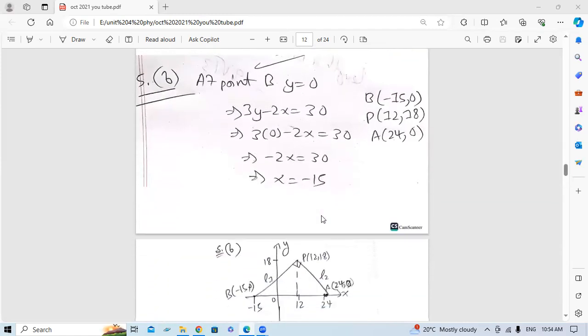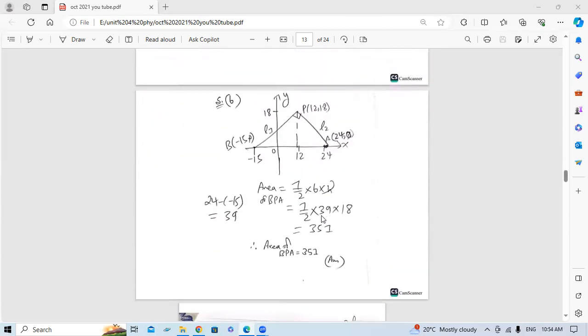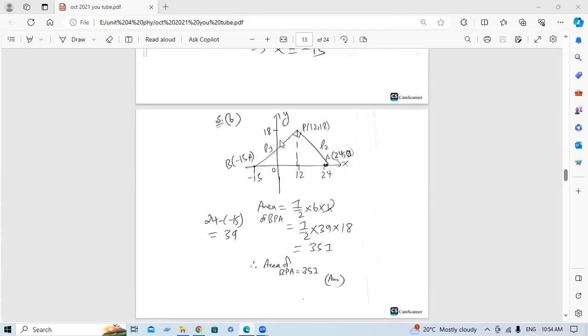So we just need to make a diagram for this answer of 5B, and we need to state the coordinates of B, P, and A. And the area of BPA will be half into base into height, half into 39 into 18, which will be 351.